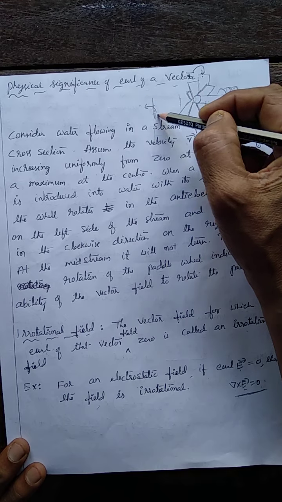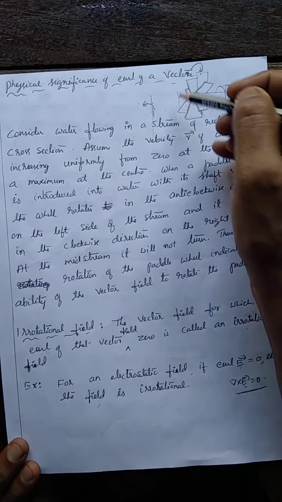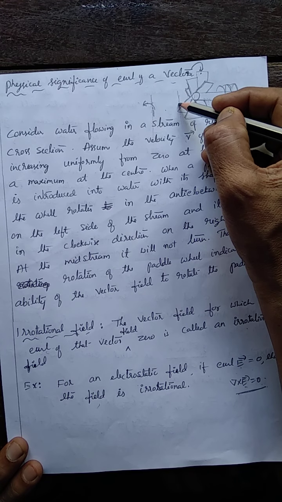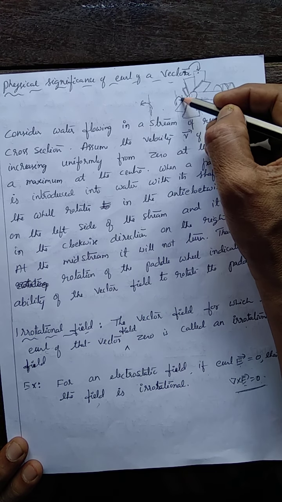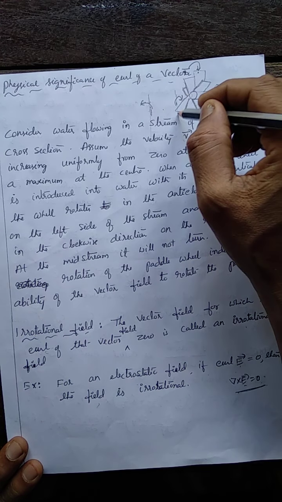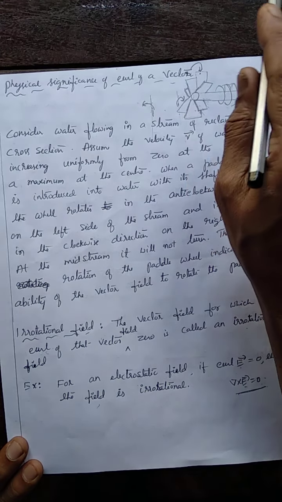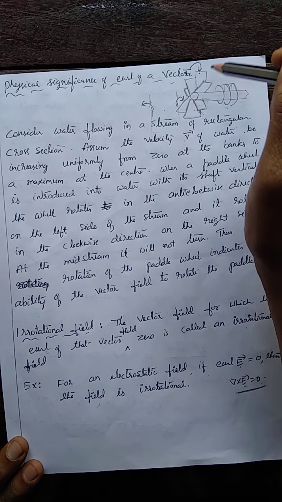Because of this velocity, the rotation is produced to the left, which means anti-clockwise. Suppose the wheel is kept on the right bank, the rotation is produced in the clockwise direction. In the left bank, it is rotated in the anti-clockwise direction.